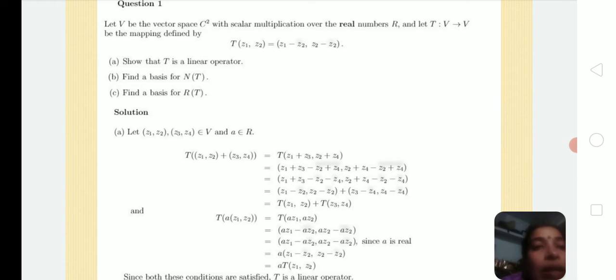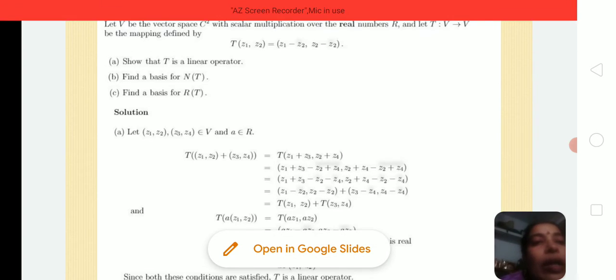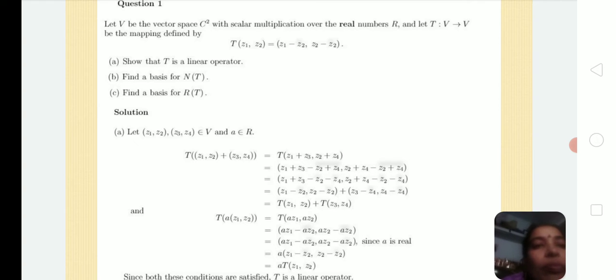And see the second condition. T(a(z1, z2)), multiplying by the scalar, is equal to T(az1, az2). That is equal to (az1 - az2, az2 - az2), where a is a real number.